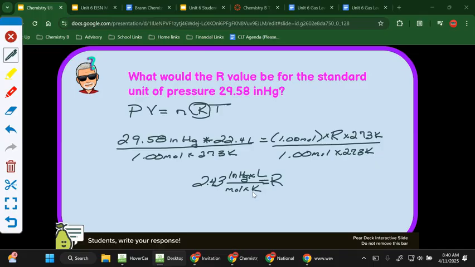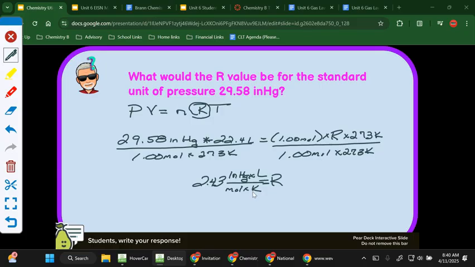Make this 44.8. But if you do, what else do you have to change? Mole to how many? 2. Why? Because that still amounts to 22.4 over 1. Well, if you double the amount of gas, what happens to the volume of the gas?